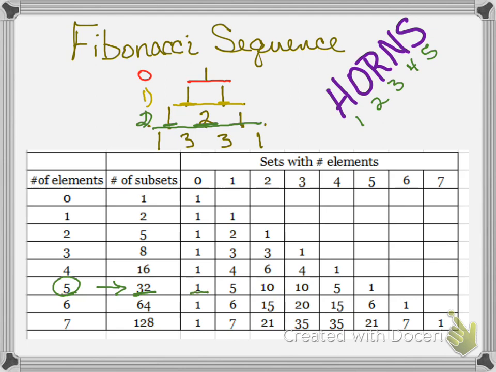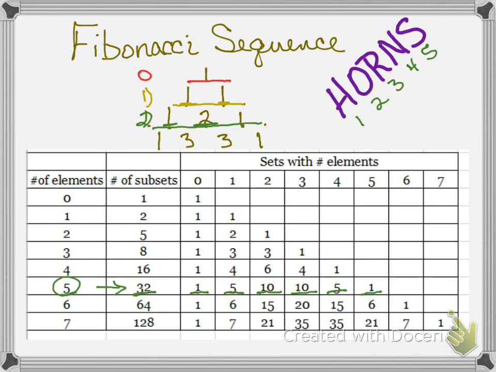I will have one that has no elements in it, that's my empty set. I will have 5 that have one element, 10 have 2, let me back up. Let's try this again. 1 is empty, 5 have 1 element, 10 have 2 elements, 10 have 3 elements, 5 have 4 elements, and 1 will have 5 elements.